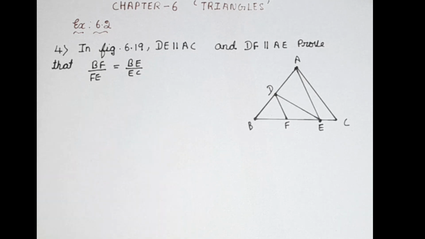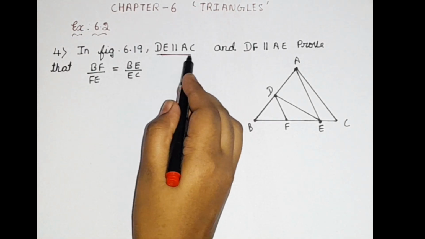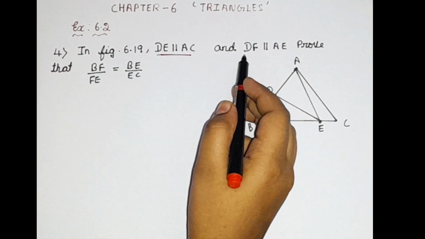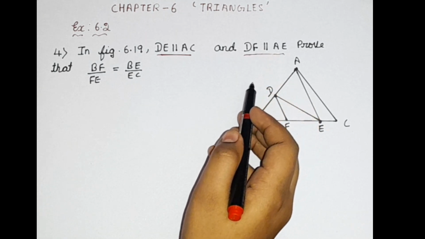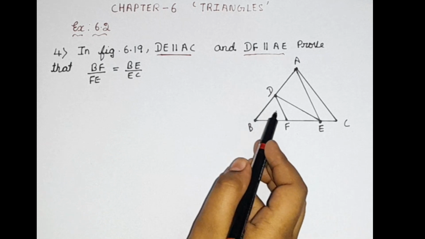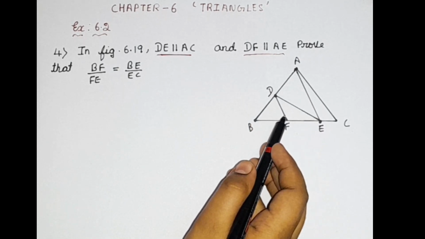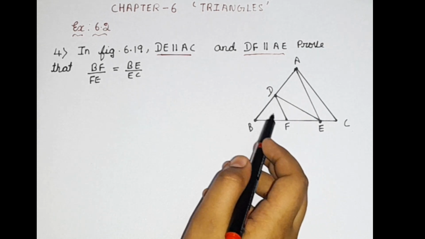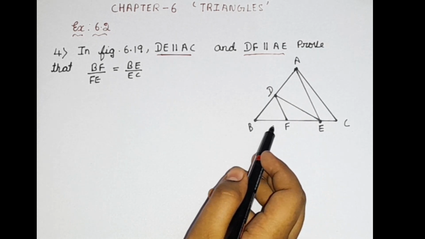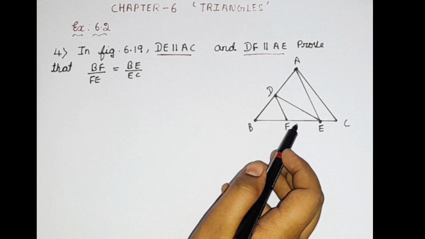According to the question, DE is parallel to AC. So where is DE? DE is right over here, and AC is right over here. Because of the zigzag line, it might be difficult for you to understand this figure, so don't worry, I'm going to make it easy.